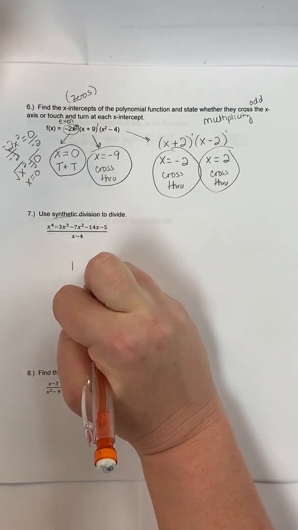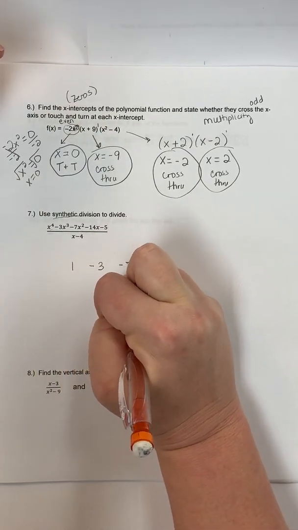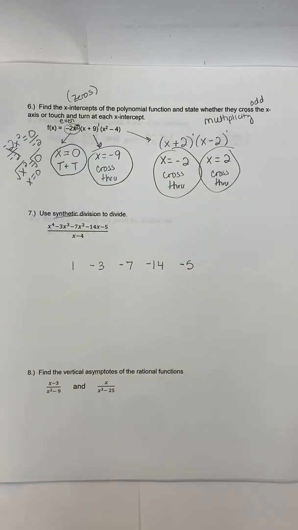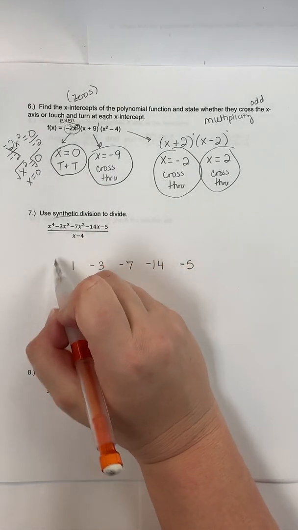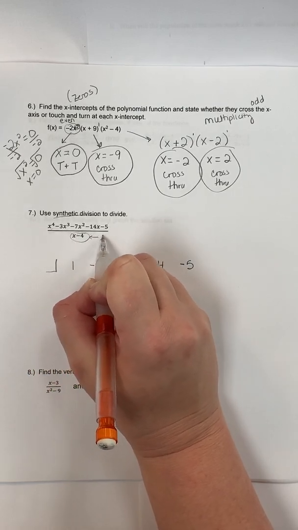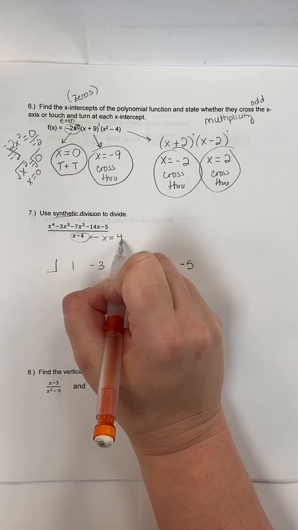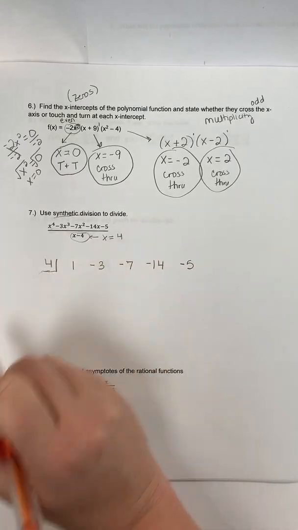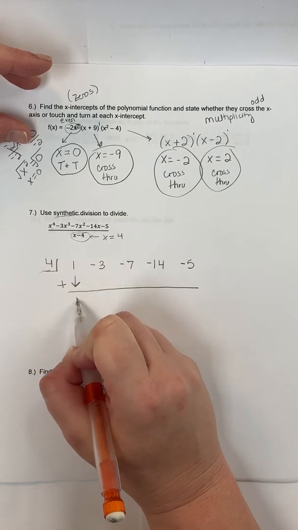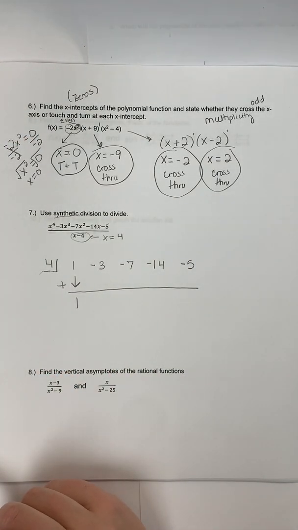So 1, -3, -7, -14, -5. Now we need something to go in the shelf. If I solve this for x, x is going to be a +4.